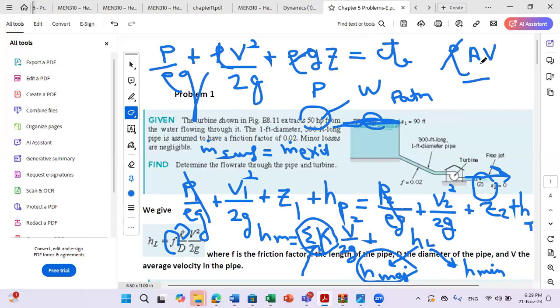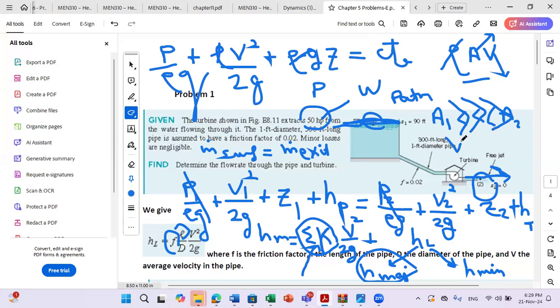And then the larger your area, the lower your velocity. So since area 1, which is the area of the reservoir, is much larger than area 2, which is the area at the exit of your turbine, because 1 is for the reservoir, so A1 is much larger than A2.